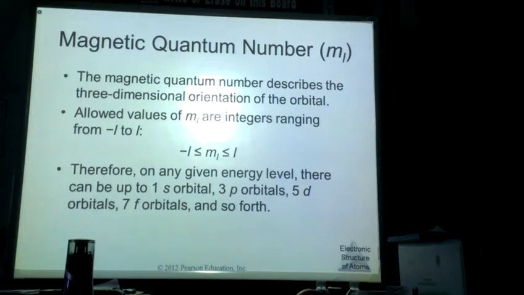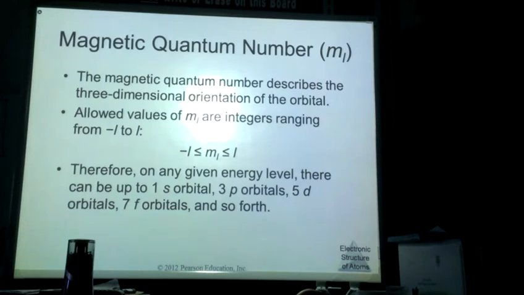That gives me 3 different orientations that the p orbital could have. The dumbbells can be oriented along the x-axis, along the y-axis, or along the z-axis. Those are my 3 orientations for the p orbitals. So logically, this makes sense to us as well.